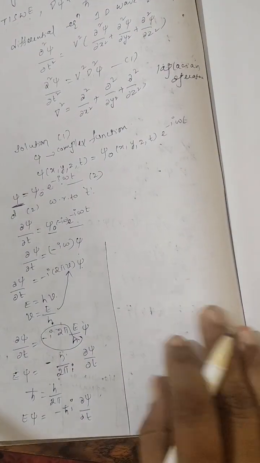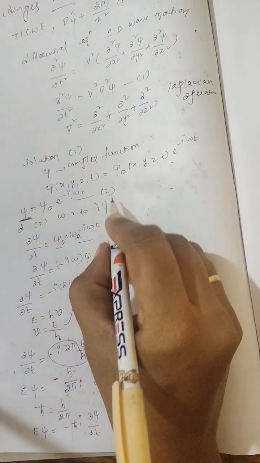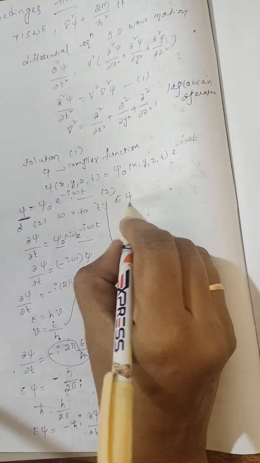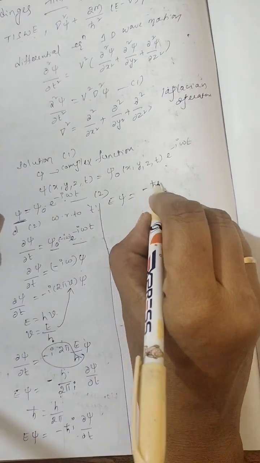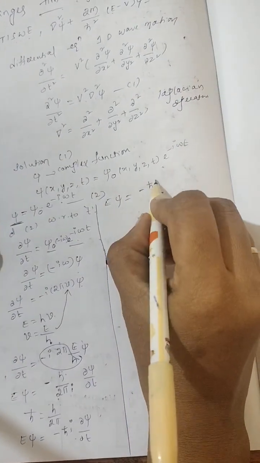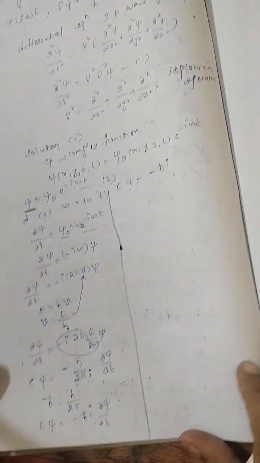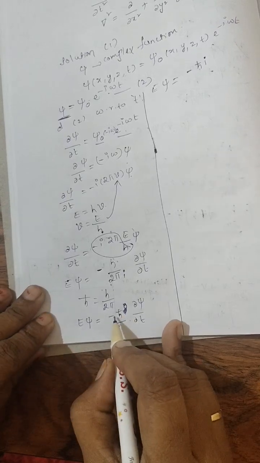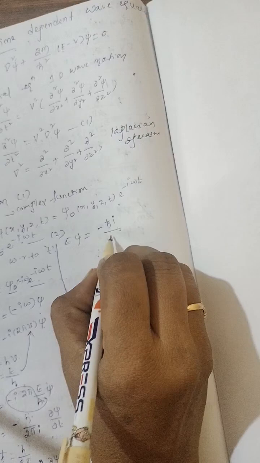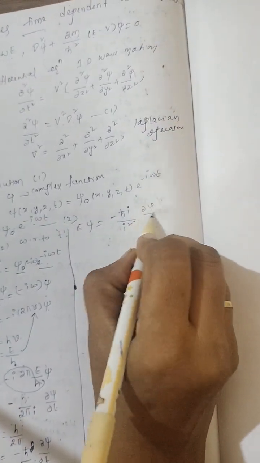Now, next. Now here, on this side only, minus h cut by I, sorry, here h by I, h minus h cut by I, by multiplying and dividing by I, dou psi by dou t.